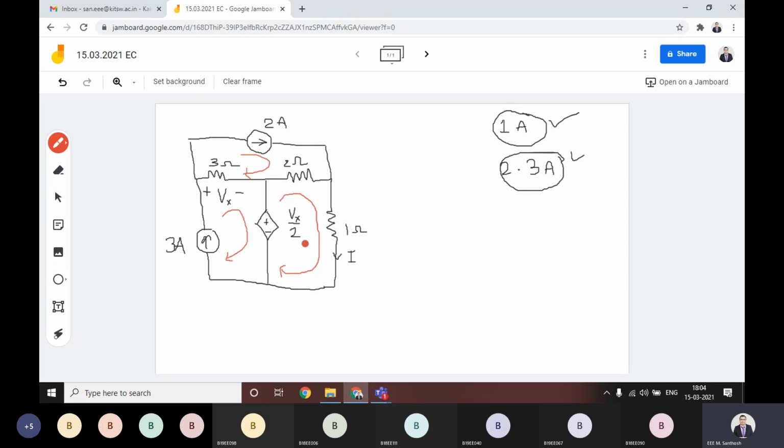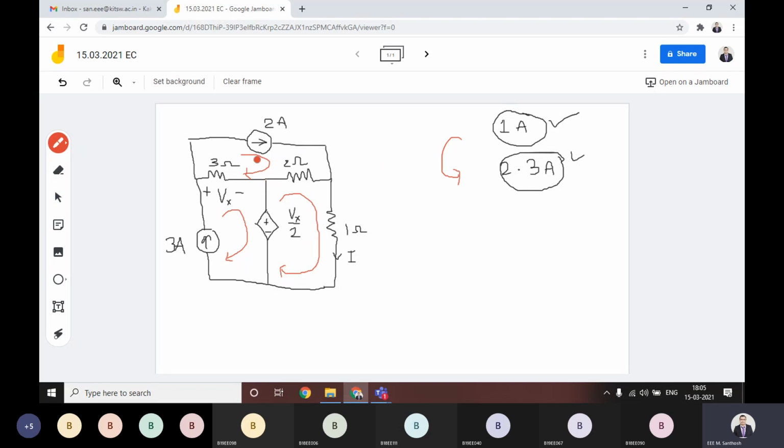First you consider the current direction, but the rule here is you can assume the current direction either way, whatever you wish, but it must be the same for all the loops. For example, if you assume this current direction, then the current direction in the other loops must also be the same.